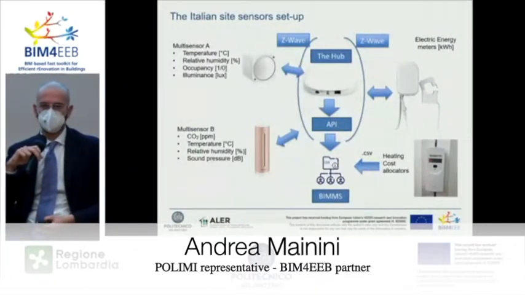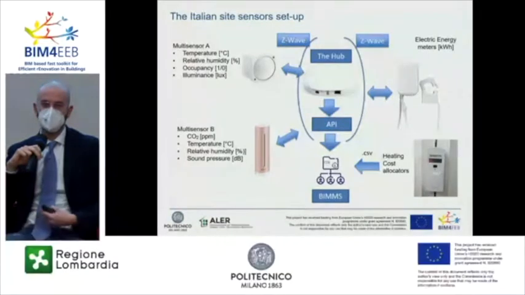This is an example of what we have inside the apartments. We have multi-sensors to monitor temperature, relative humidity, and then occupancy, and then lighting, the content of CO2, and the presence of people, so that we can draft a report and make a comparison with energy used measured with an electricity meter.